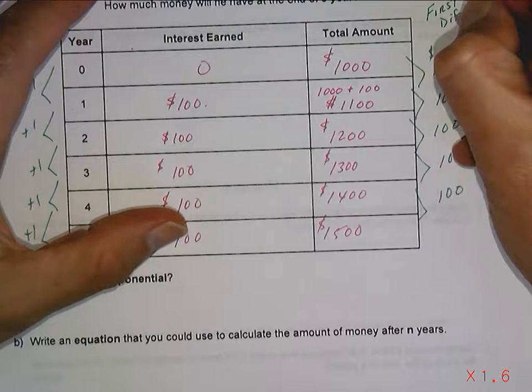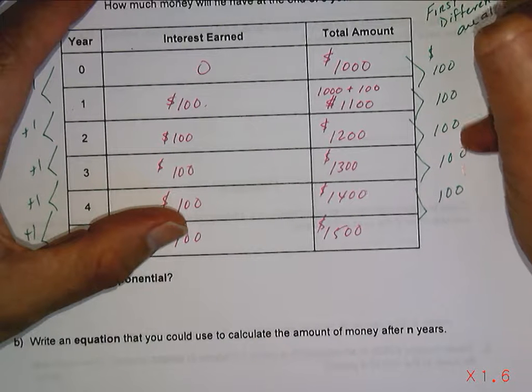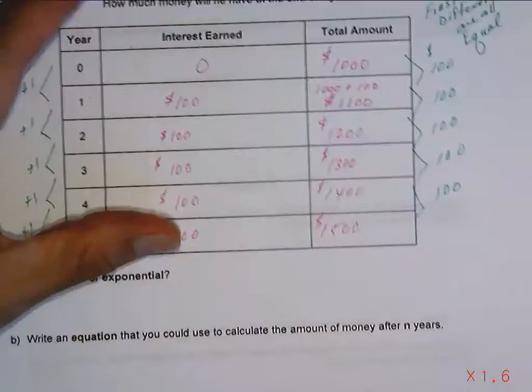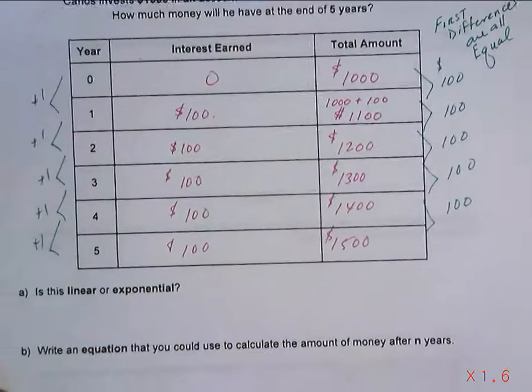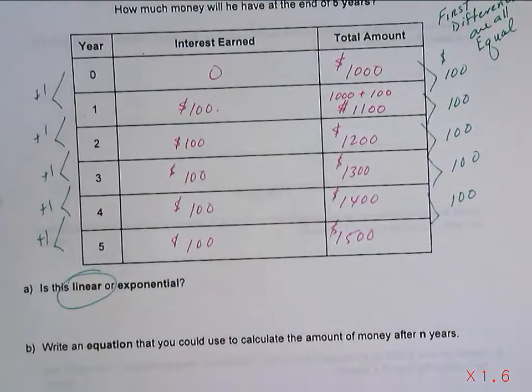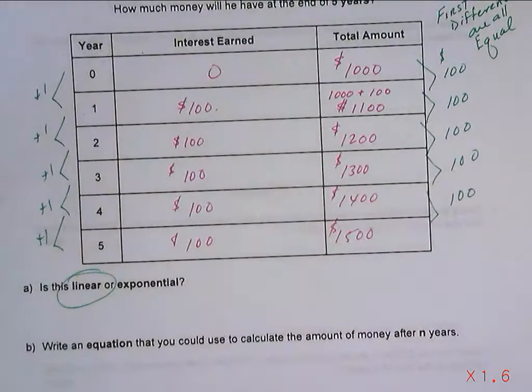First differences are all equal. Therefore, this is linear. That's the definition of linear. In other words, each year that goes by, we earn $100. That's the slope.